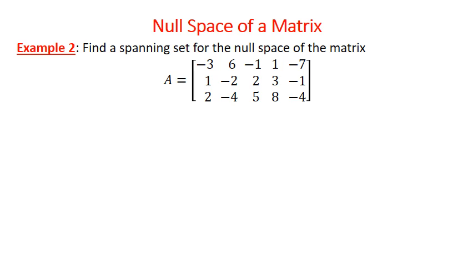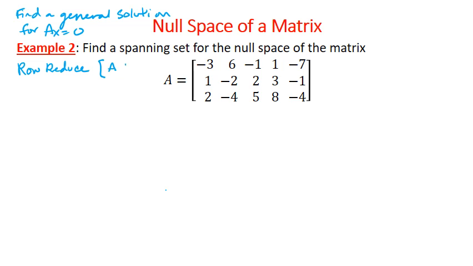So what we want to do is find a general solution for AX equals 0. And what we will do is row reduce the matrix A0.